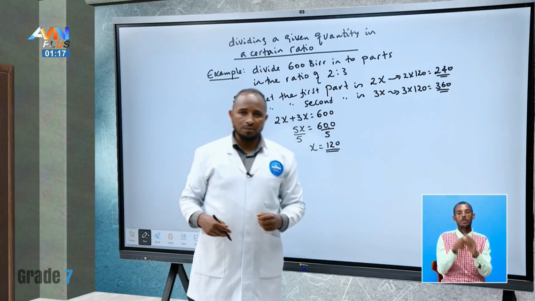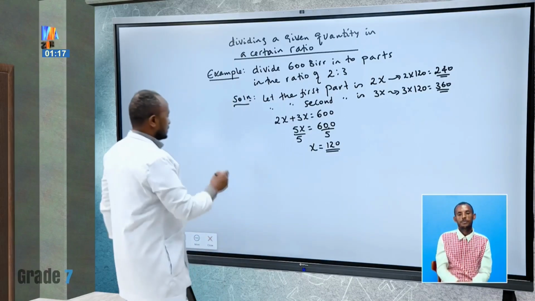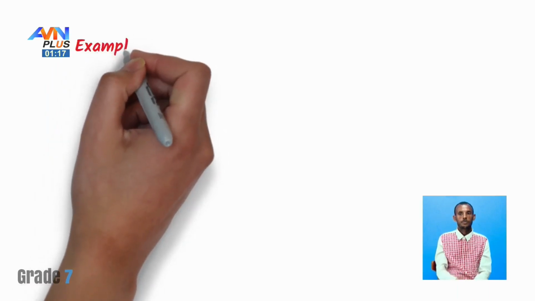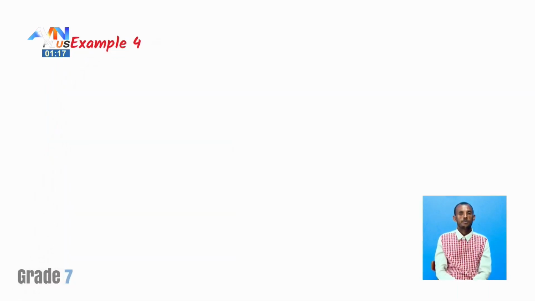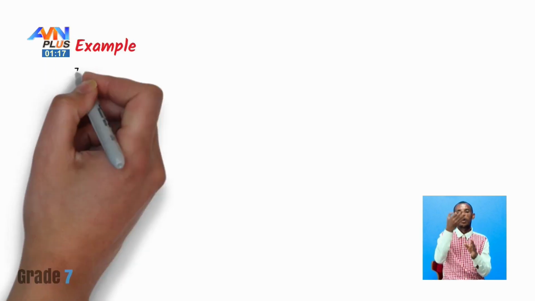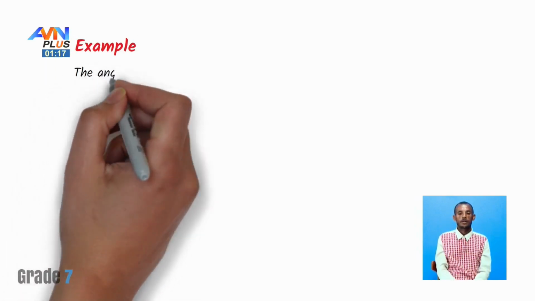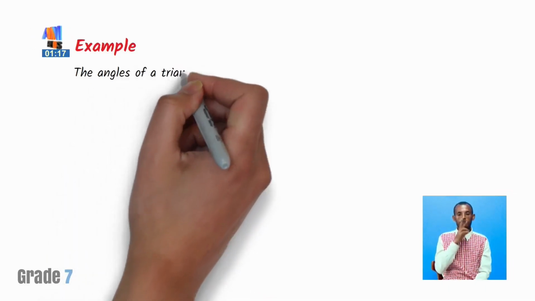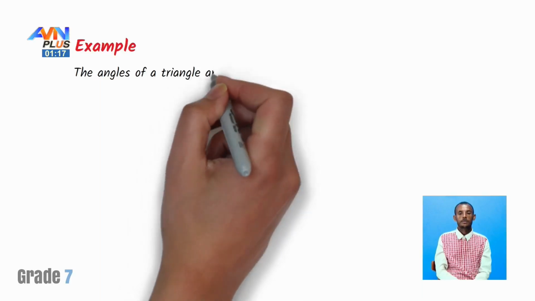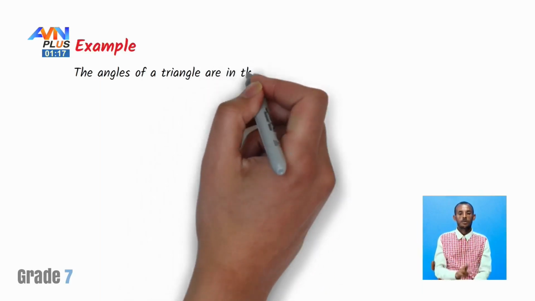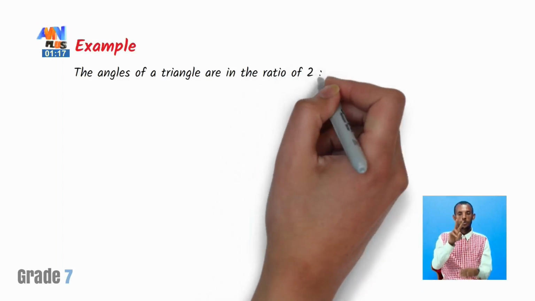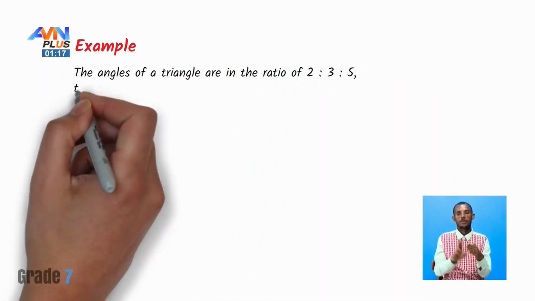You'll try this example by yourself. Here, example 2. The angles of a triangle are in the ratio of 2:3:5.